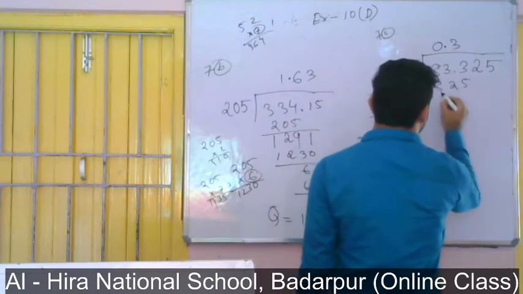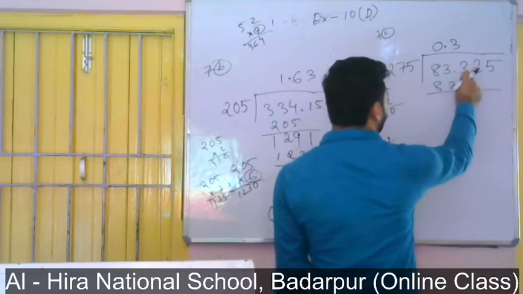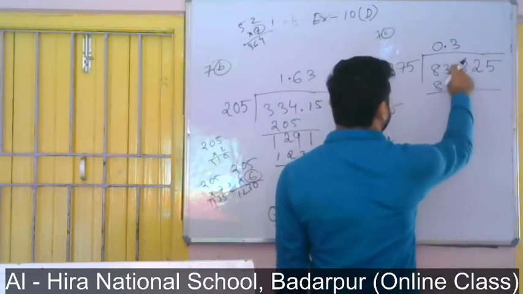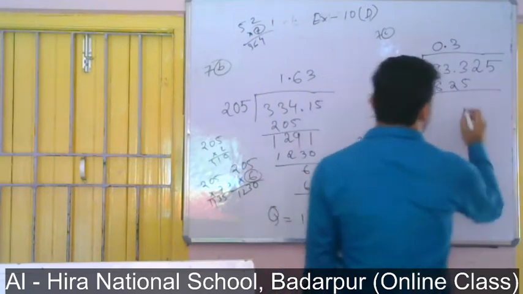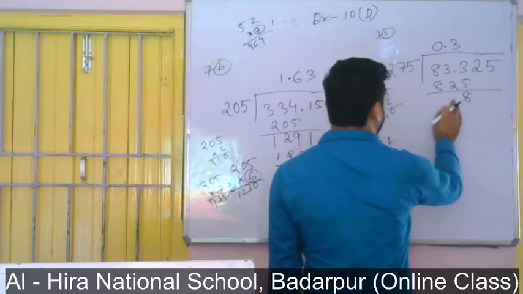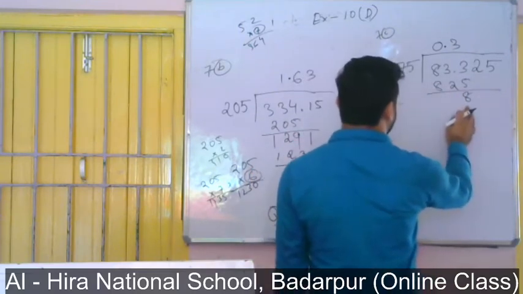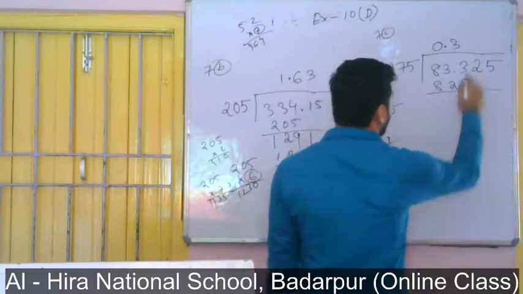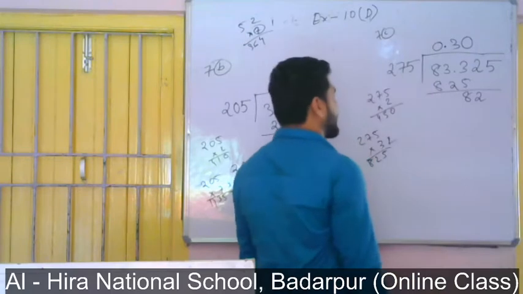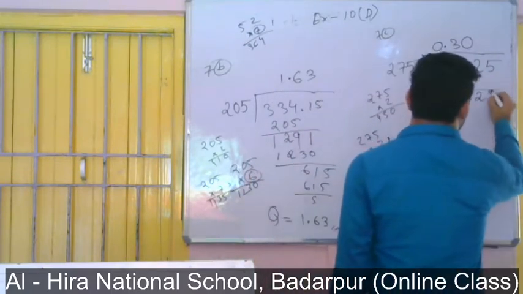Now we subtract here, so we'll take from 1, 13, 13 minus 5, 8, here remain 2, 2 minus 2, 0, and on the left we cannot put 0. So 8 is not divisible, so we'll take 2 and we'll put 1 0 in the quotient. Then also it is not divisible. Now we'll take 5.